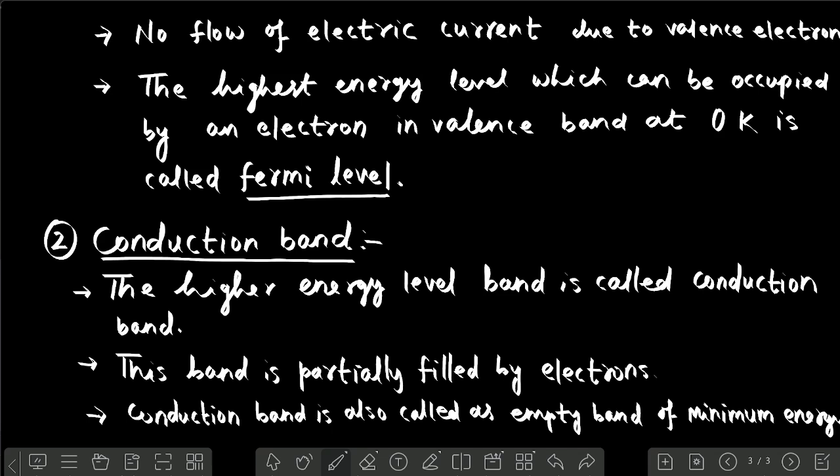So this is one point to remember about conduction band. We are telling empty band because no electrons are present, for certain materials. But remember, for metals, what happens? Conduction band and valence band overlap each other, so at any temperature electrons are available in the conduction band. So remember, conduction band is also called the empty band of minimum energy.